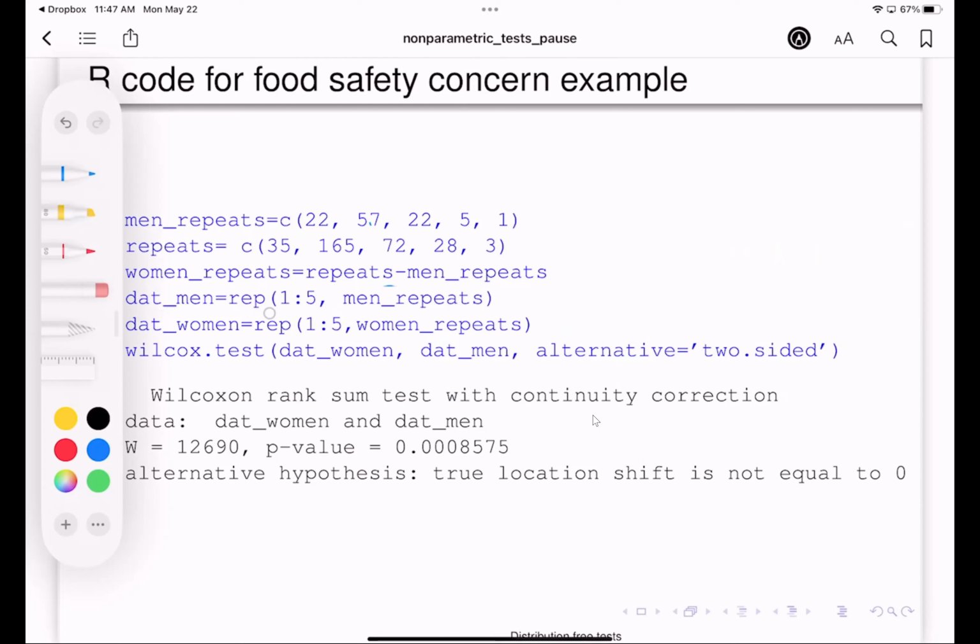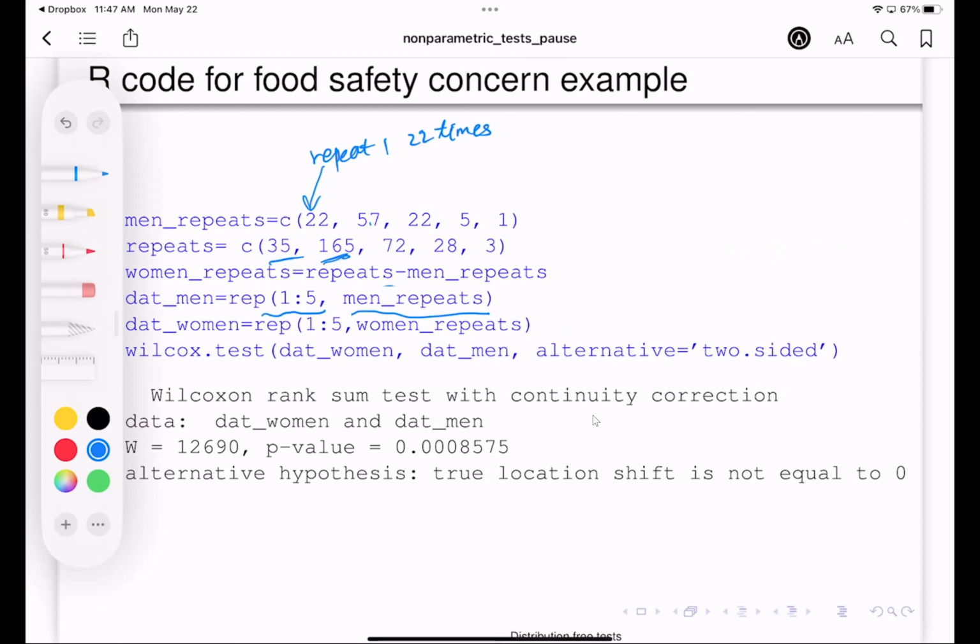What are the values from 1 to 5? And each of these values is repeated how many times? For the men's first entry, 1 is repeated 22 times, and 2 is repeated 57 times, and so on. Similarly for the women, 1 is repeated 35 times, and 2 is repeated 165 times, and so on.